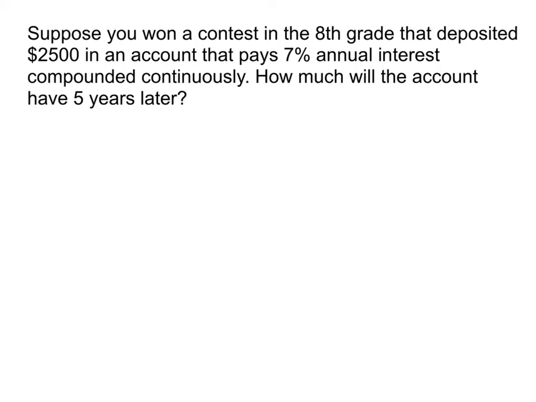Suppose you won a contest in the 8th grade that deposited $2,500 in an account that pays 7% annual interest compounded continuously. How much will the account have after 5 years? Since it said these keywords, compounded continuously, we use A of t equals P times e to the rt power.